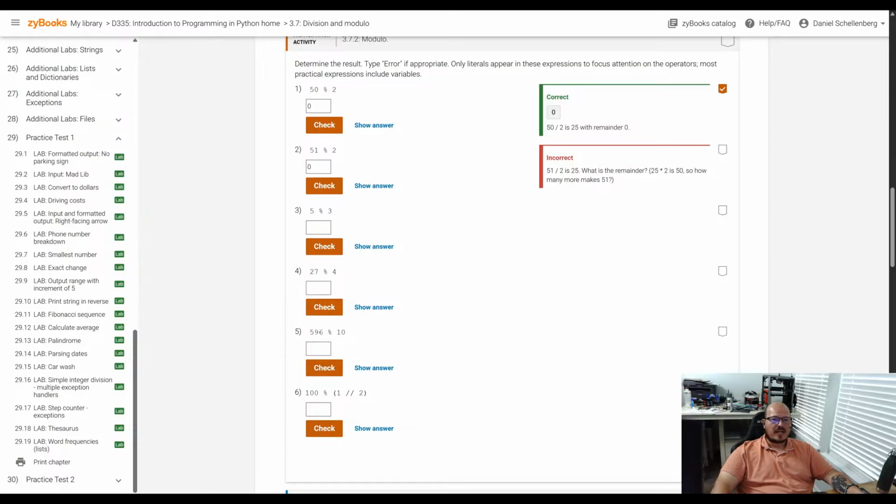I guess I'm not understanding why this feels contradictory to me. So it's saying 25 even though it's 25.5, and then 25 times 2 is 50. How many more makes 51? 1.